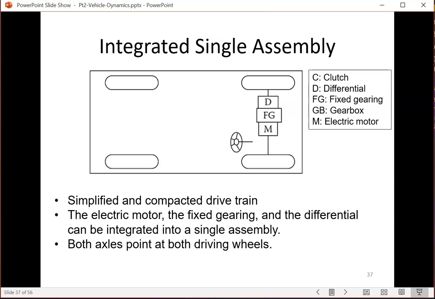But the latest vehicles are a lot more complex, and I wouldn't really try to do anything to the car. If anything goes wrong with my car, I just take it straight to the garage because it gets too complicated, not to mention all the electronics involved. So that's another configuration.